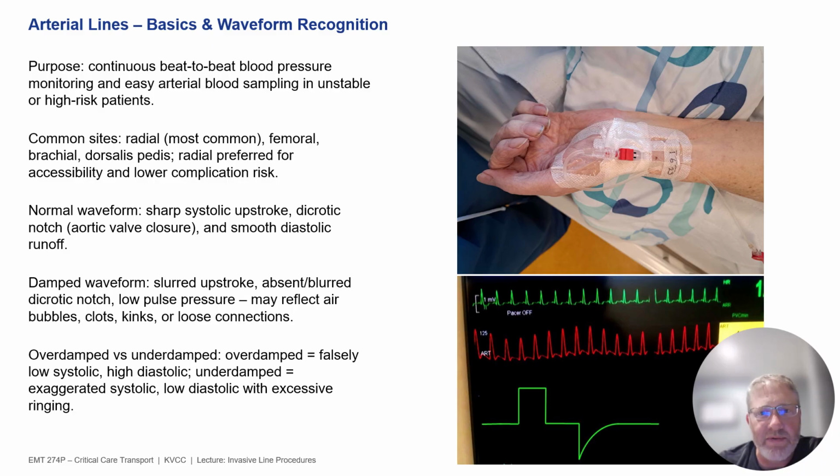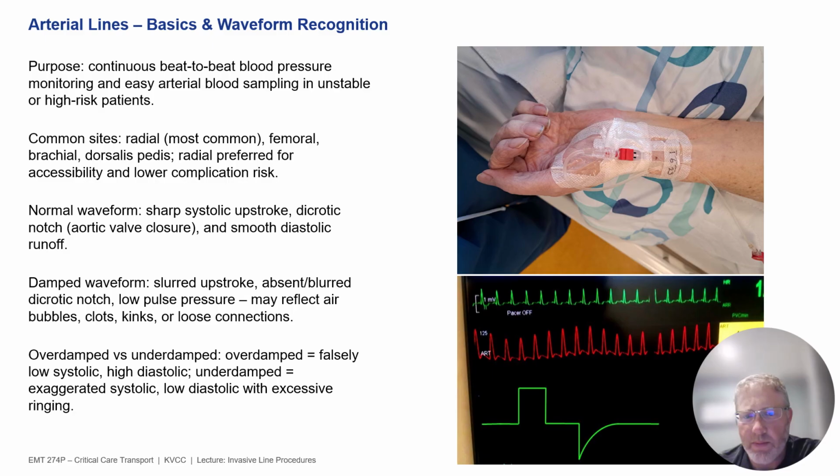When you look at the waveform, you should see a sharp systolic upstroke, a clear dicrotic notch marking the aortic valve closure, and a smooth diastolic runoff. That waveform tells you that the line is working correctly and that the hemodynamic readings are reliable.